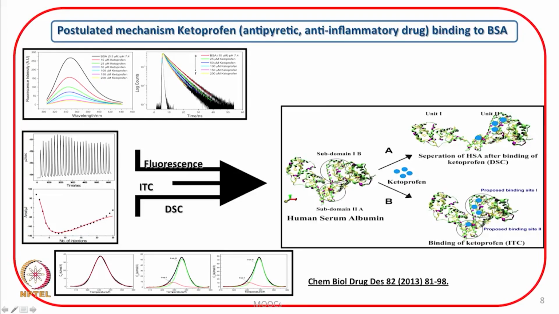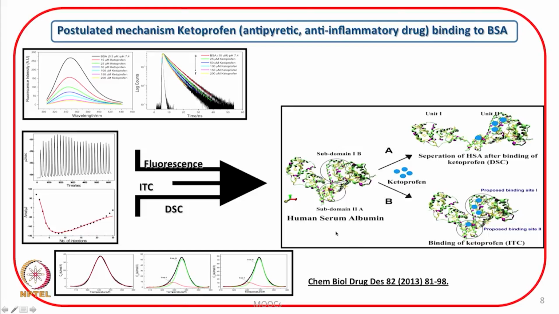And then when you study the thermal unfolding of the bound protein, we can see that there are two well defined endotherms embedded under an overall endotherm in the presence of ketoprofen.